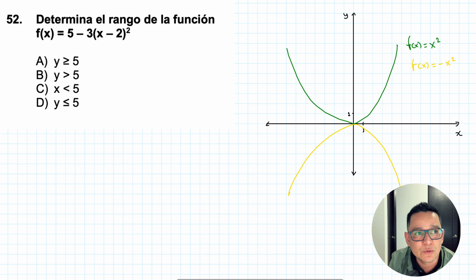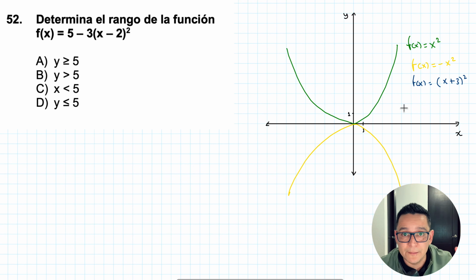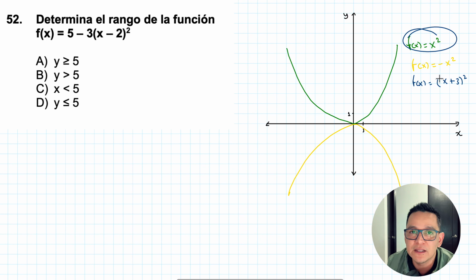Now let's look at something else. What would happen if now I have f of x equals, I open parentheses and put x plus 3 and raise it to the power of 2? Well, in this case, the graph will shift 3 units to the left. Careful, left! When I add inside the parentheses, I shift the graph 3 units to the left.